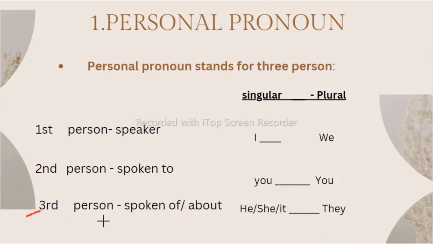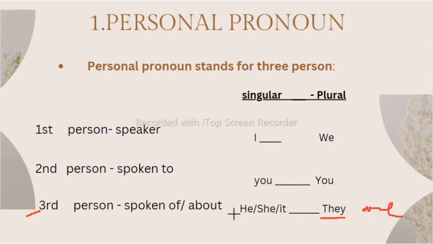Now in the third person, spoken of or spoken about, here we have to define the gender. If we are using a singular third person pronoun, we have to use the singular verb, and along with a plural third person pronoun we have to use the plural verb which is are.